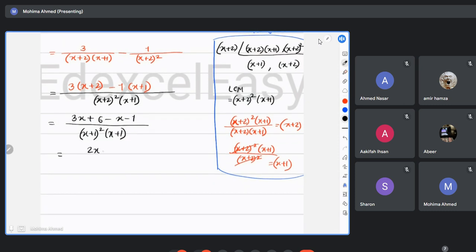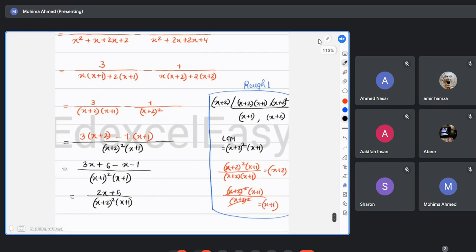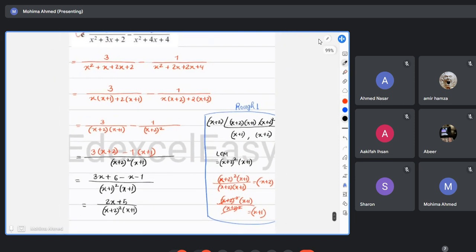So you're going to get 2x plus 5 divided by x plus 1 whole square, x plus 2 whole square, x plus 1. I think this is your final answer. I cannot simplify it in any other way because nothing is common between the numerator and denominator. That is it, the final answer.